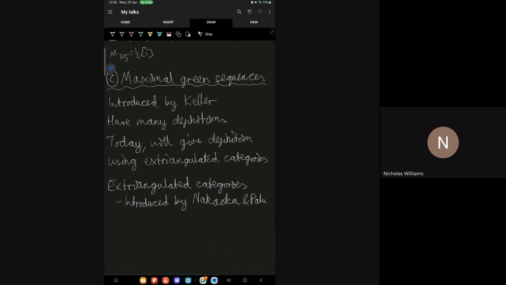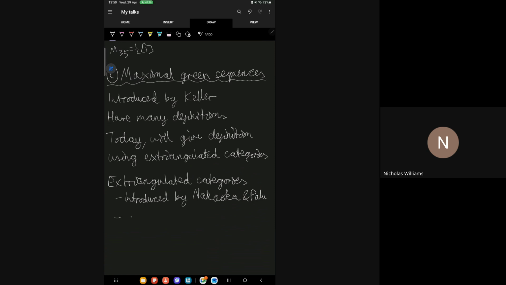And the usual example one can think of come from extension closed subcategories of triangulated categories.